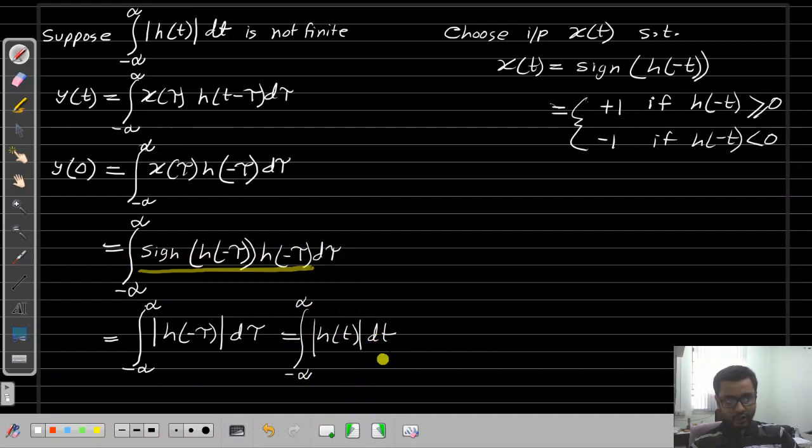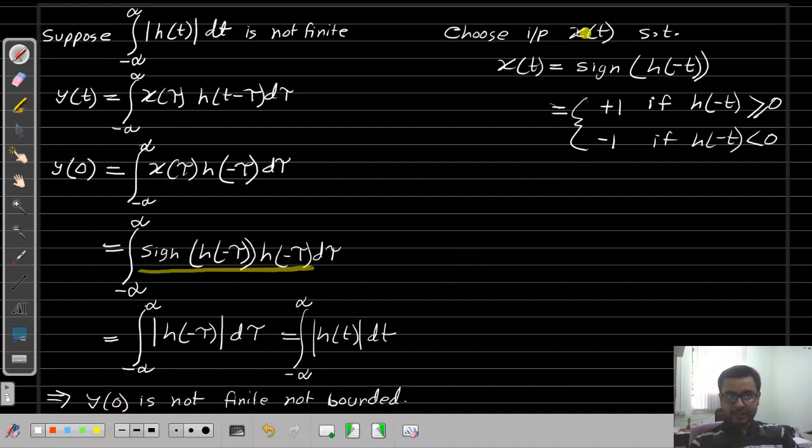However, this quantity, as we have assumed, is infinite. This implies that y(0) is not finite, not bounded. So output is not bounded at least at one point of time.